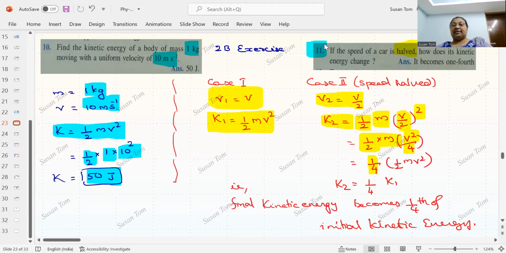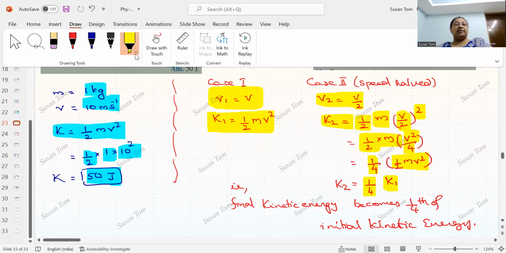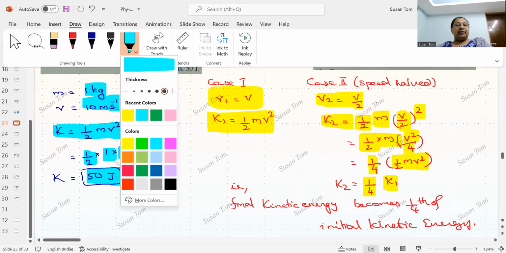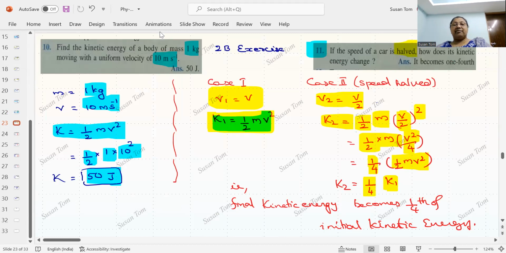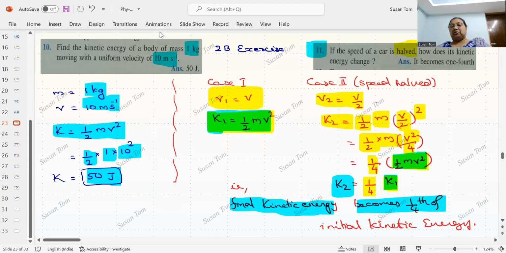I rewrite it this way, 1 by 4 and half mv square I split, which is equal to 1 by 4 into k1, because k1 is equal to half mv square. We know k1 is equal to half mv square, so this half mv square you substitute with k1. So we are writing the final kinetic energy k2 becomes 1/4 of the initial kinetic energy.